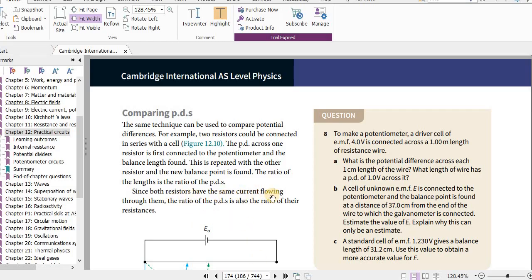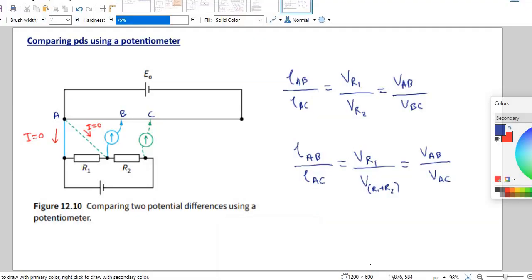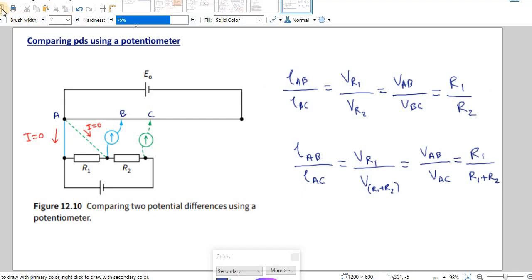Since both resistors have the same current flowing through them, the ratio of the potential differences is also equal to the ratio of the resistances. Okay, we'll write that all. So R1 divided by R2, see again, ratio and proportion, part over whole fraction, equals AB divided by BC.